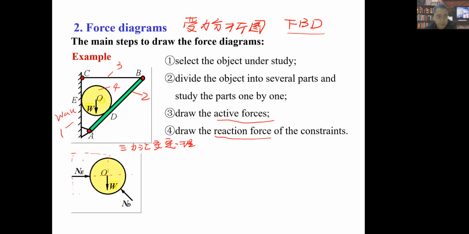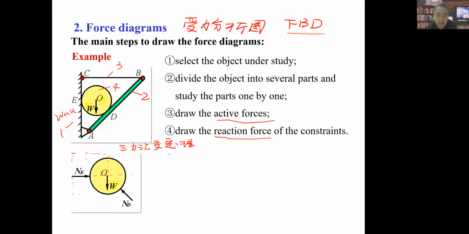Then this resultant force will have the same effect as these two forces, and this resultant force will have to balance with this one. So the two forces will have to intersect at a common point.